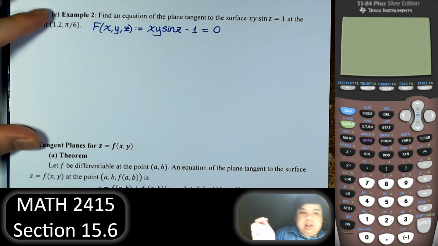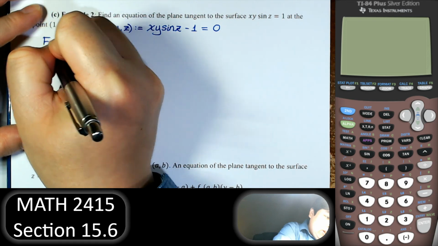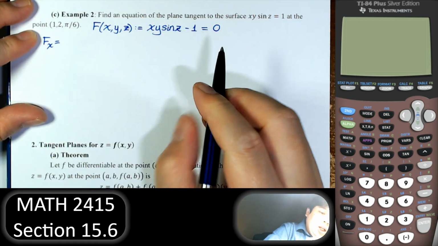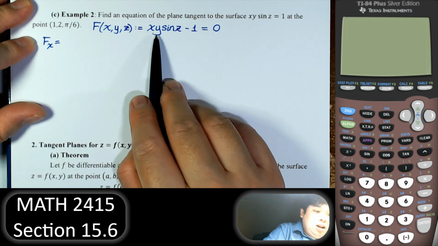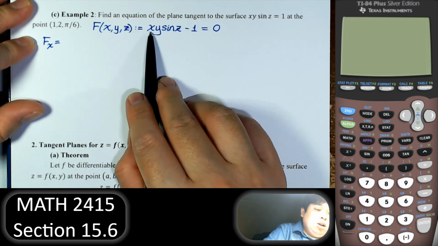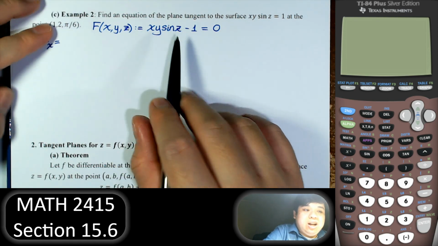Let's write differently because we might not have enough space here. So derivative with respect to x. Derivative with respect to x of this function, there's only one x there, y and sine z is constant. Derivative of x with respect to x is 1. So we have 1 times y sine z.